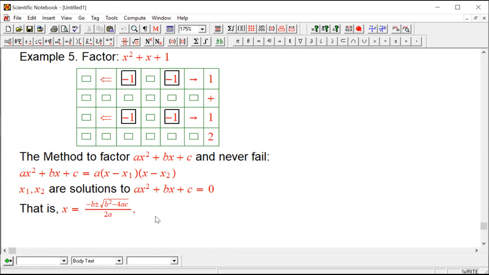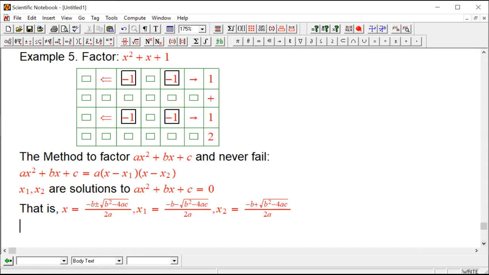If we make x sub 1 equal to that formula, we choose the negative sign, and x sub 2 is going to be the same formula, we choose the positive sign.